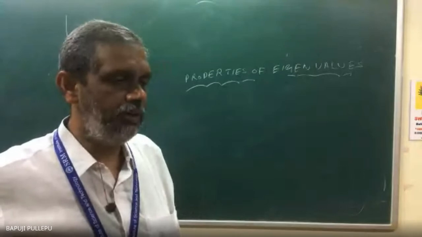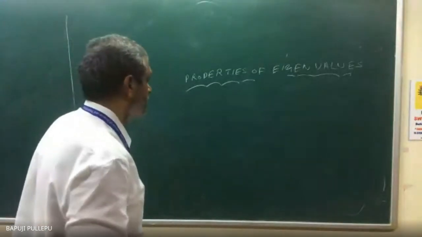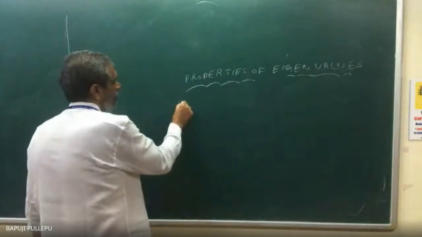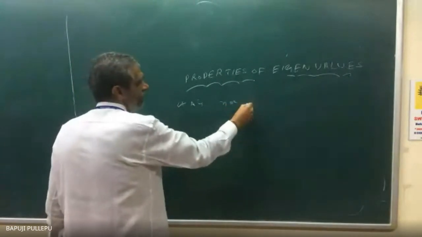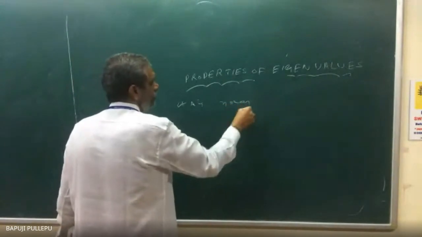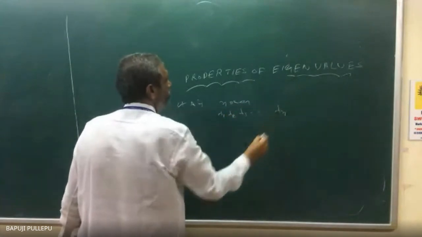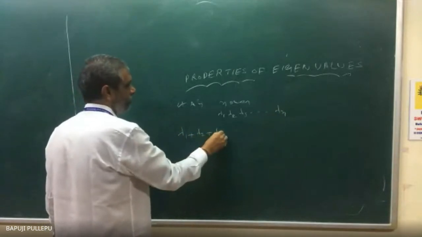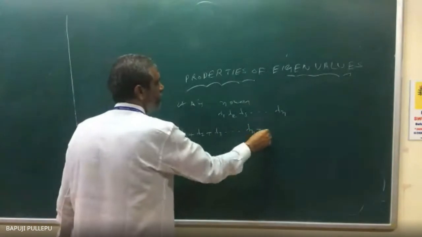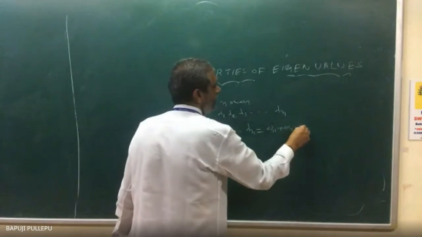If the matrix is of third order, you will have 3 eigenvalues. If A is an nth order matrix, you will have n eigenvalues, lambda 1, lambda 2, lambda 3, and so on up to lambda n. The sum of the eigenvalues, lambda 1 plus lambda 2 plus lambda 3 and so on to lambda n, is equal to the trace of the matrix, the sum of the diagonal elements.